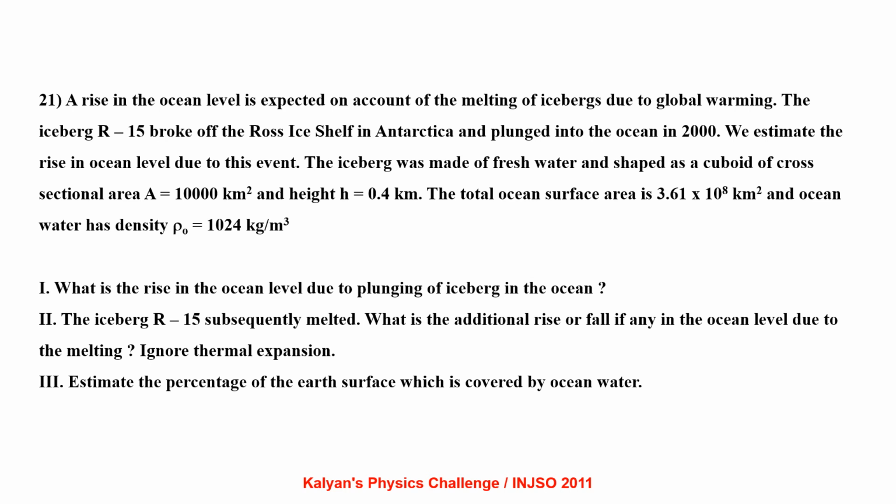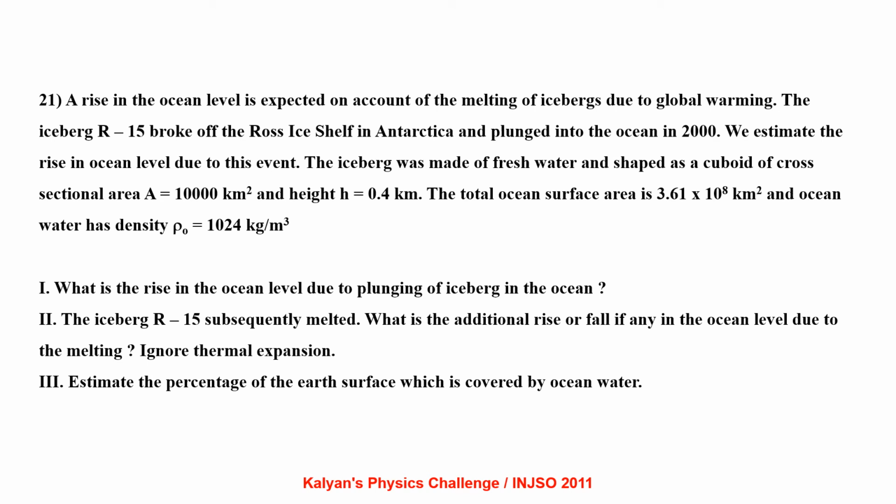The iceberg was made up of fresh water and shaped as a cuboid of cross-sectional area 10,000 km square and height 0.4 km. The total ocean surface area is 3.61 into 10 power 8 km square and the ocean water has a density of rho naught equal to 1024 kg per meter cube. What is the rise in the ocean level due to plunging of the iceberg in the ocean?